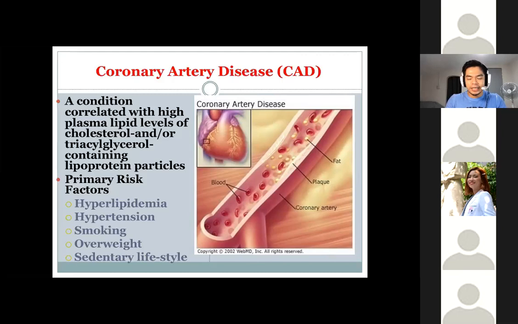Kaya ang tendency, may pain na nafe-feel yung patient because of ischemia or infarction. Okay? So yun yung chest pain kung tawagin or angina pectoris. Primary risk factors are hyperlipidemia, hypertension, smoking, obesity or overweight, and then sedentary lifestyle. So ang focus natin dito ay hyperlipidemia, of course. Hypertension, okay na yan, na-discuss na natin before. And then overweight, somehow related sa hyperlipidemia.